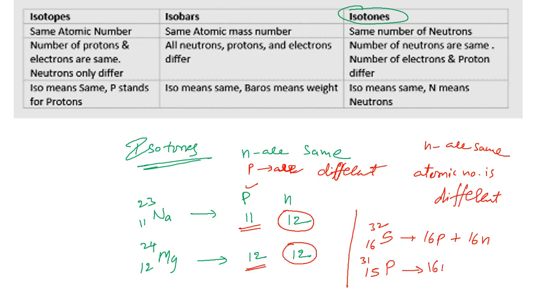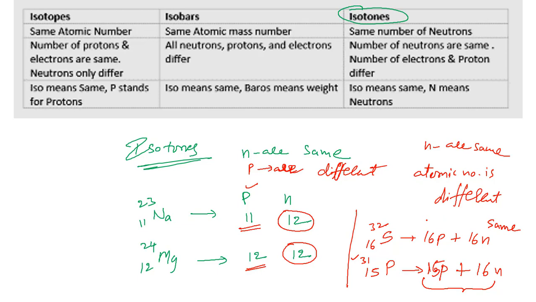In this case, atomic number is 15, so 15 protons will be there. Then what about neutrons? Neutrons will be 16. If you have any confusion, you can add these two. This total equals atomic mass. 15 plus 16 equals 31, so 31 is the atomic mass.